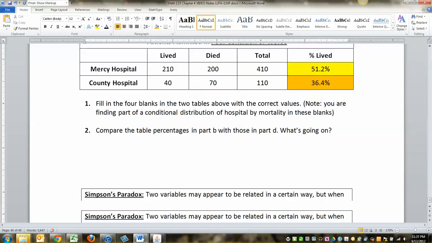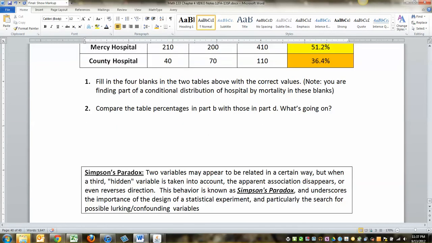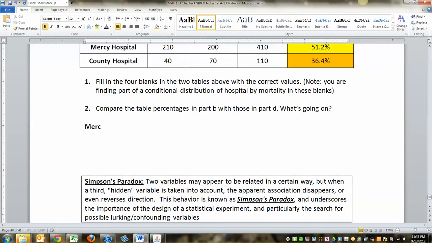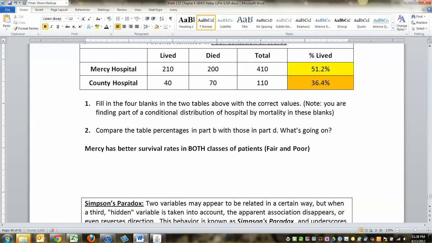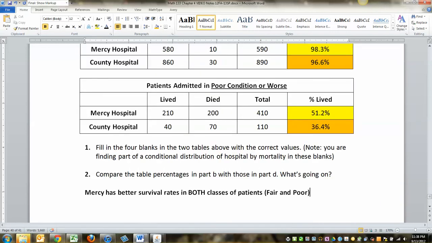So we did all of that. Okay? So what's happening, right? Mercy has better survival rates in both classes of patients, fair and poor, right? So the fair conditioned patients and the poor conditioned patients, Mercy does better with both of them, right?